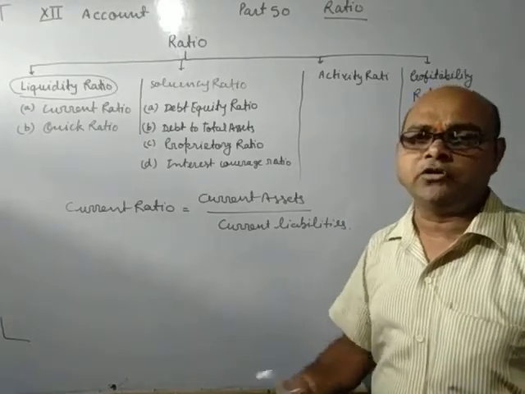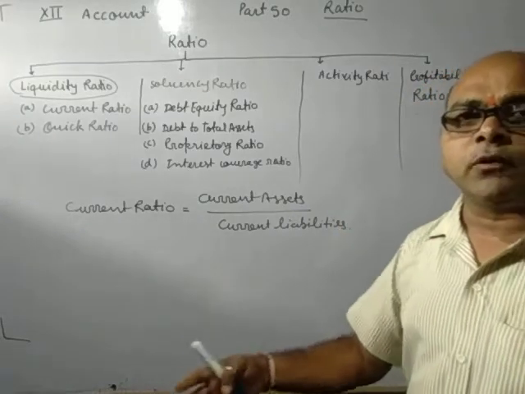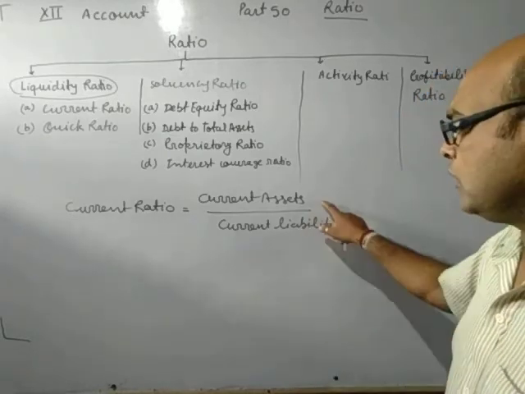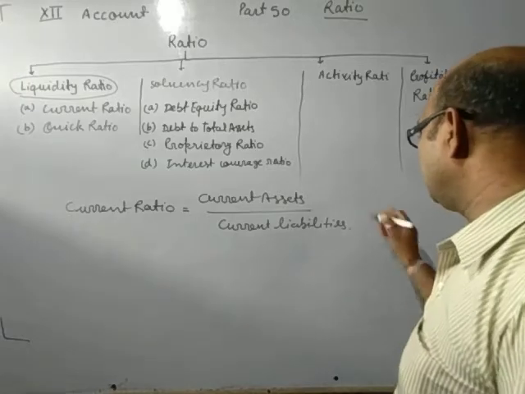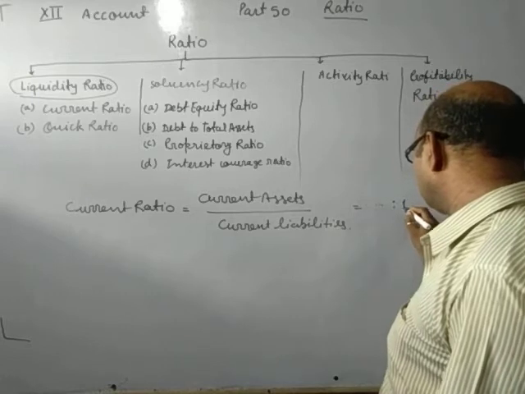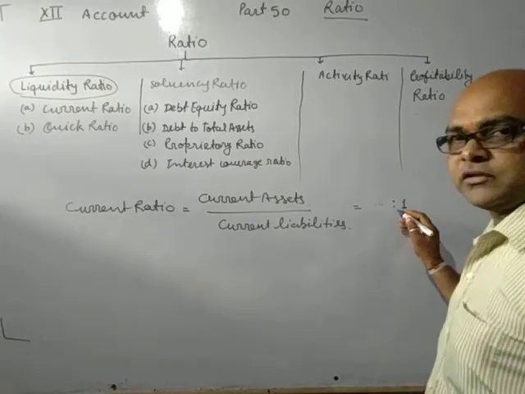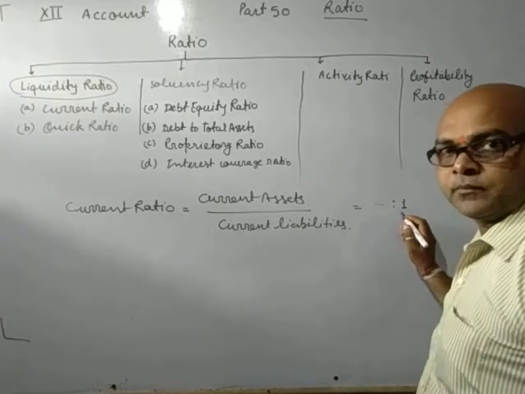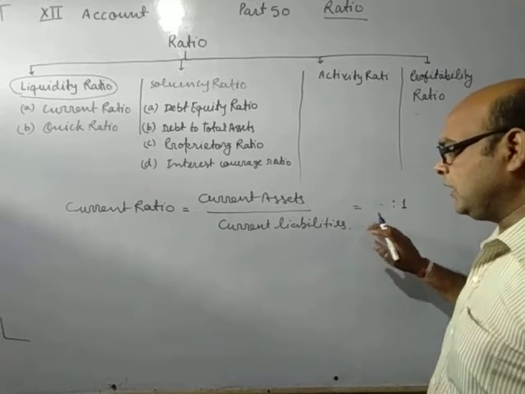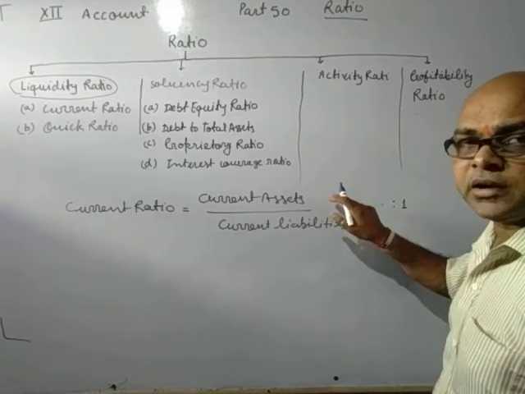If you add up all current assets and write the total here, and total all current liabilities and write it here, and divide, the answer is called the current ratio, and this answer you write as X is to 1. Now they are comparing with 1, like if current liability is equal to 1, then what is the value of current assets?